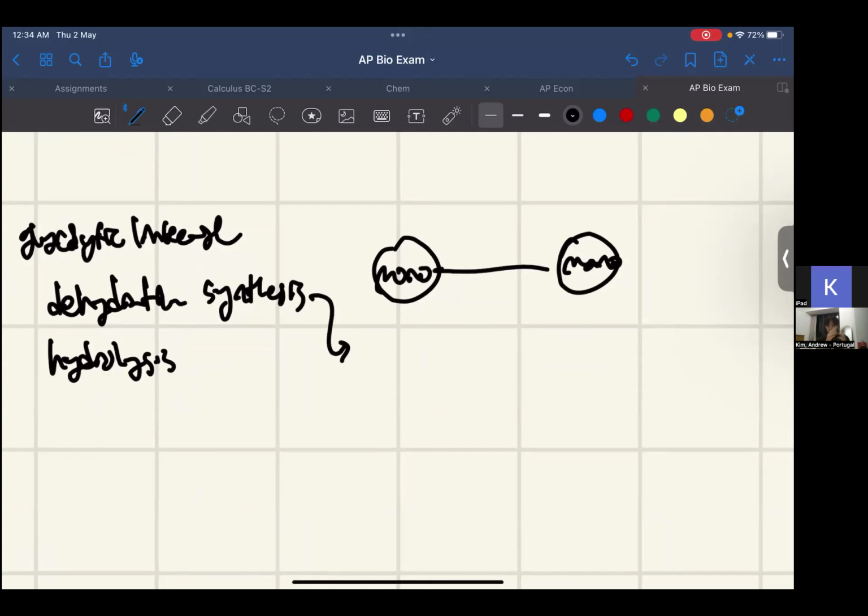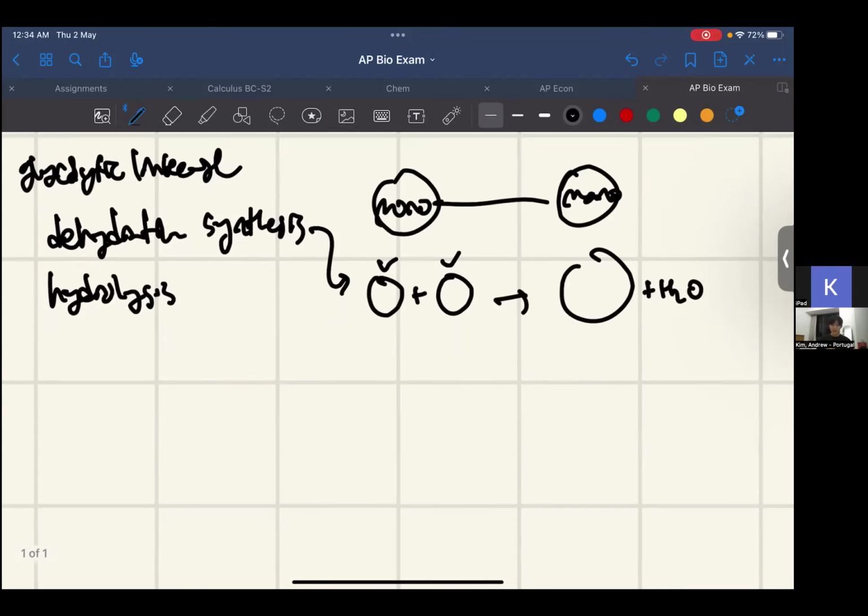So if you just take it from the name, dehydration synthesis means when we have two monomers, we're taking water from the two to make a bigger piece. So it will look like this. You have two monomers, you combine the two, but you're taking H2O out of it.